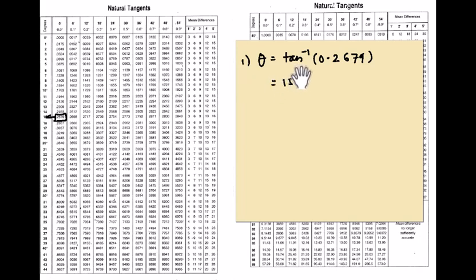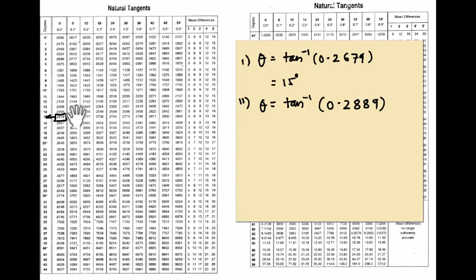Now let me take an example. Suppose, for example, second example, theta is equal to tan inverse of, say, if I give you 0.2889. So you will try to find a number which is as close to 0.2889 or slightly less than 0.2889, right?